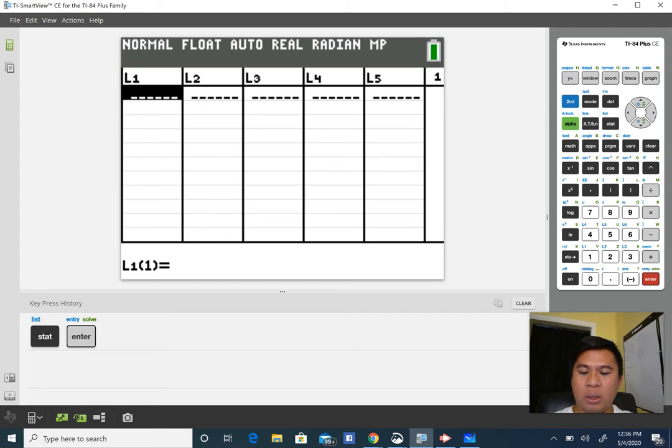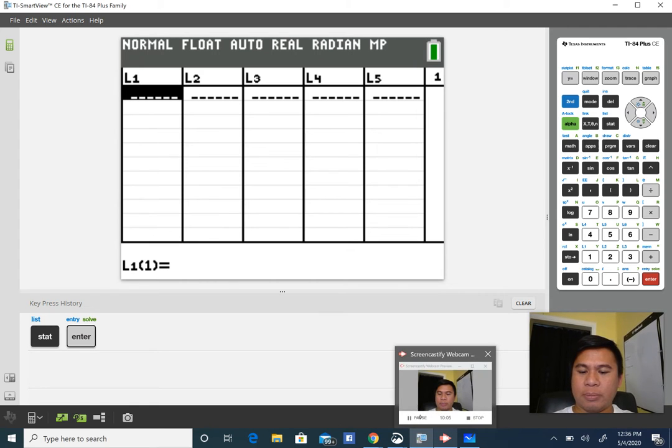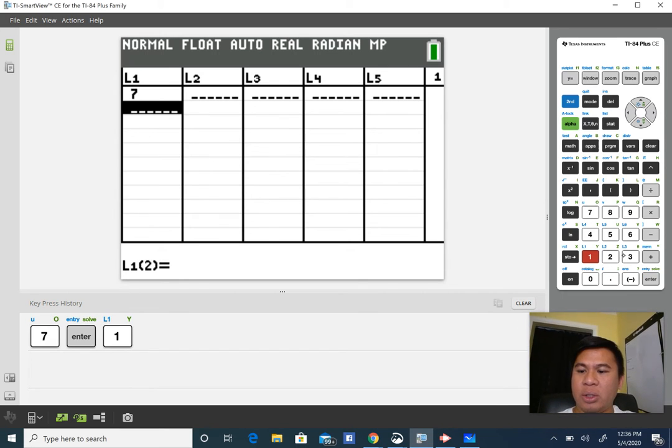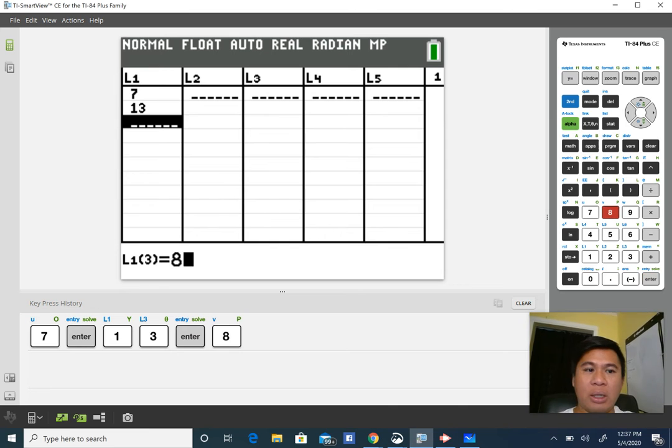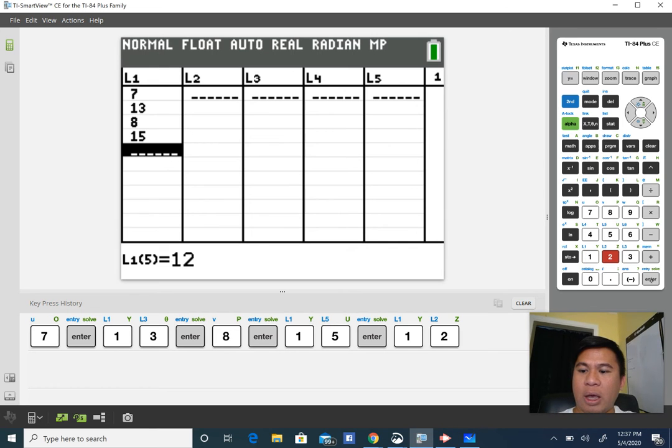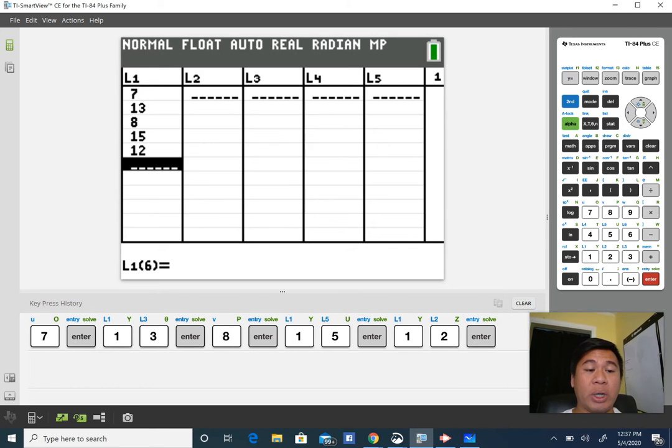for the turkey sandwiches. Under L1, we're going to put the following: 7, enter, 13, enter, 8, enter, 15, enter, 12, enter. Don't forget to press enter up to the last value. After this, we can press right so that we can go to L2 and plug in all the values for the ham sandwiches sold.